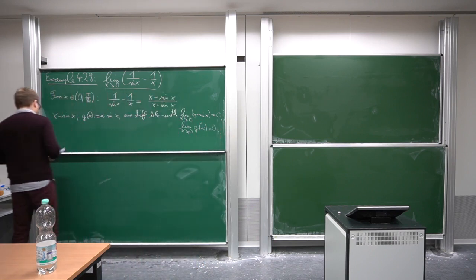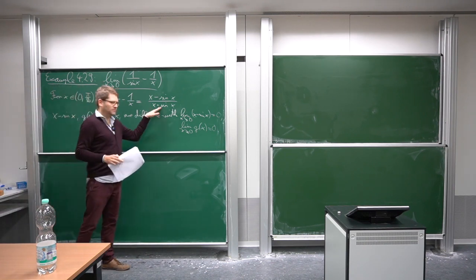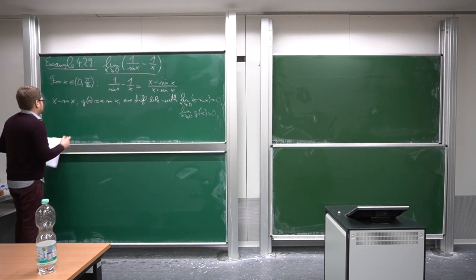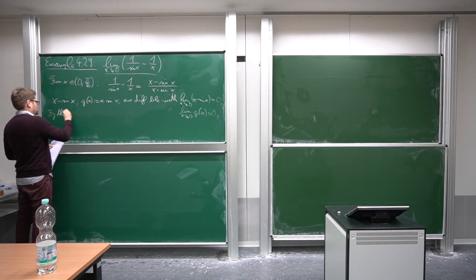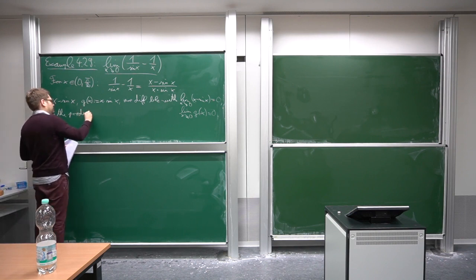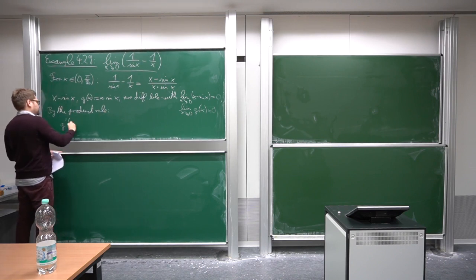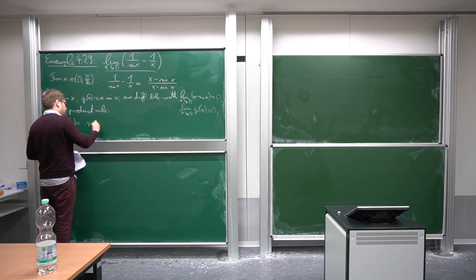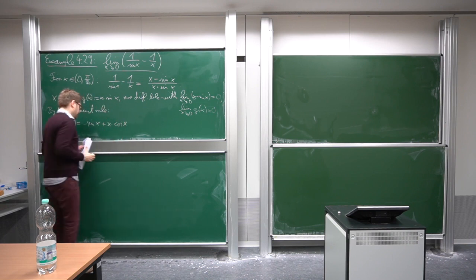Okay, so what we need to check to apply L'Hopital is that the derivative of the denominator function is non-zero in a certain neighborhood of 0. The derivative can be computed by the product rule. Namely, g prime of x is first of all the derivative of x times sine x. The derivative of x is 1, so we just get sine x, plus x times the derivative of the sine, which we have seen is the cosine.